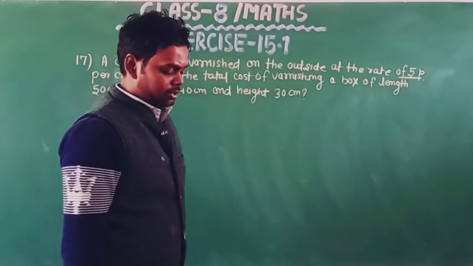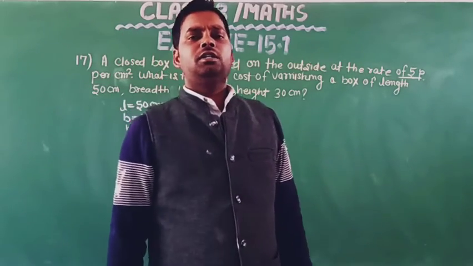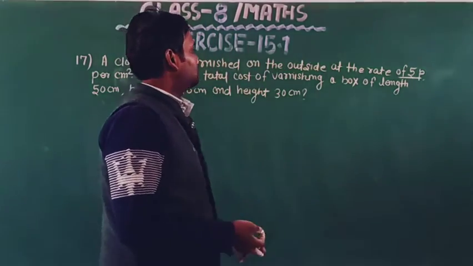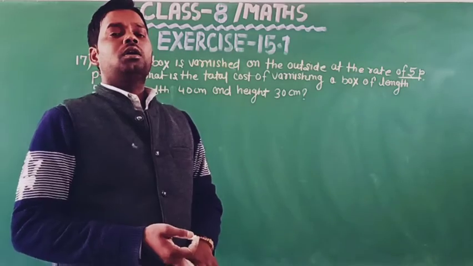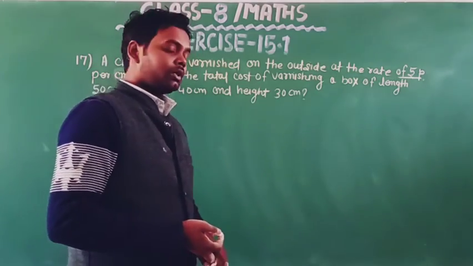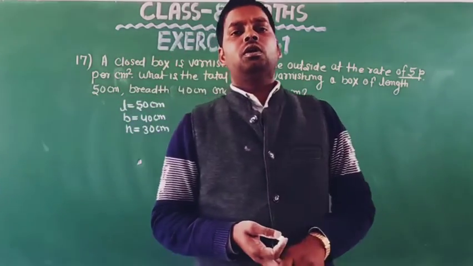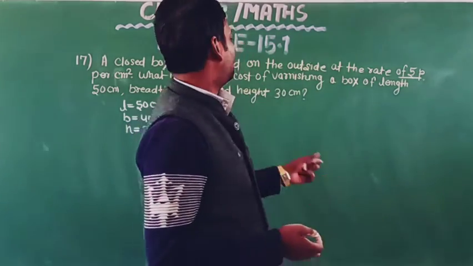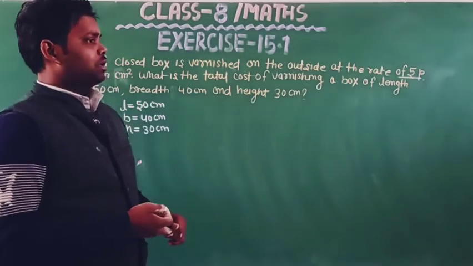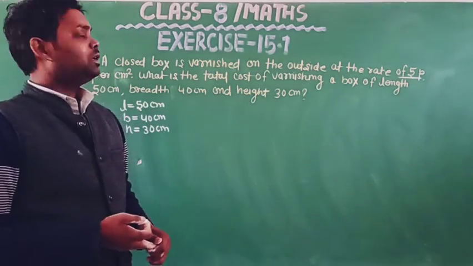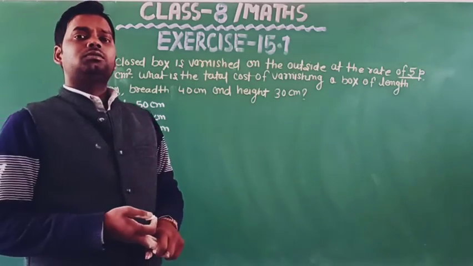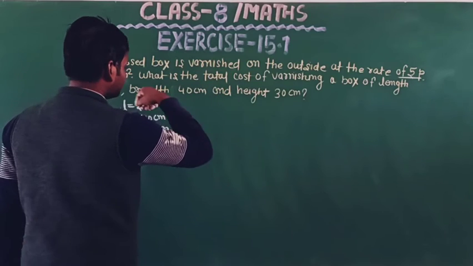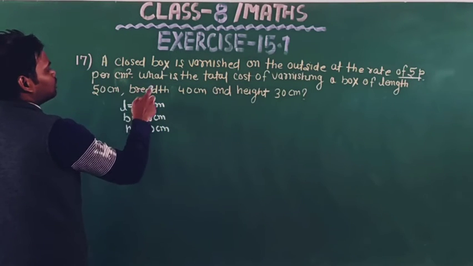So that means we are finding the cost of varnishing of a box. First we have to calculate the total area of the box to be varnished. Okay, so the total surface area of the closed box equals 2 into (LB plus BH plus HL).